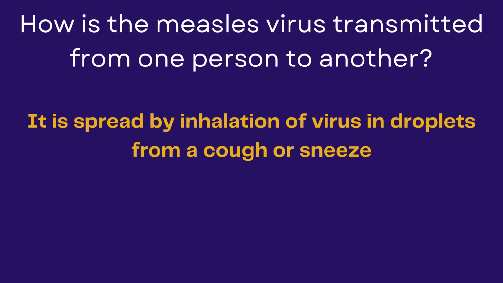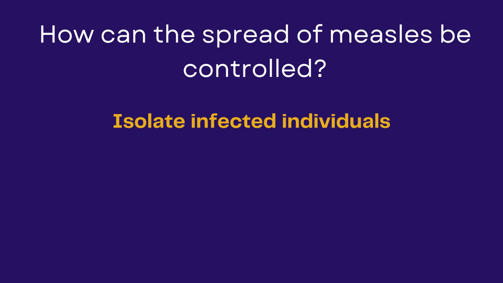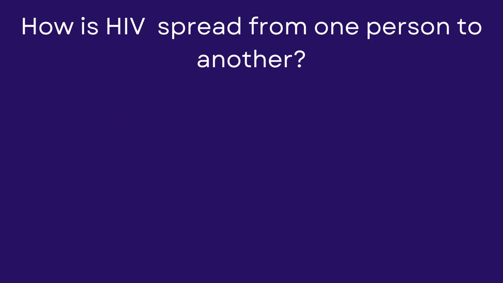It is spread by inhalation of virus in droplets from a cough or sneeze. How can the spread of measles be controlled? Isolate infected individuals.